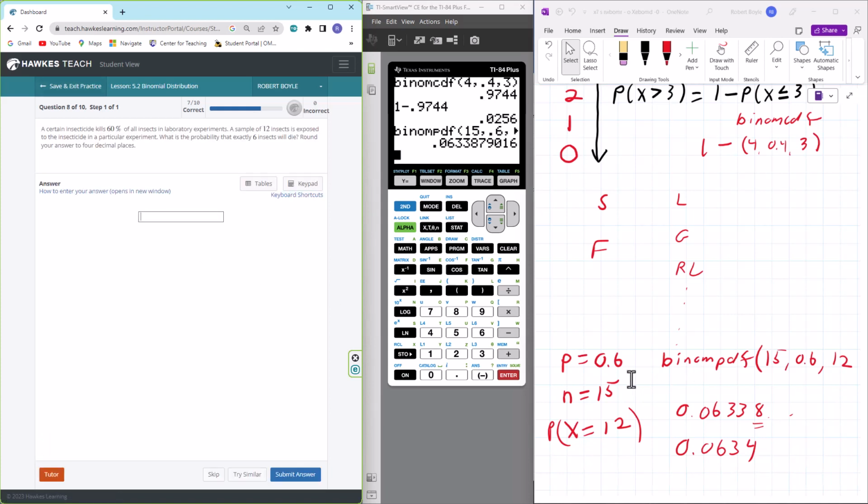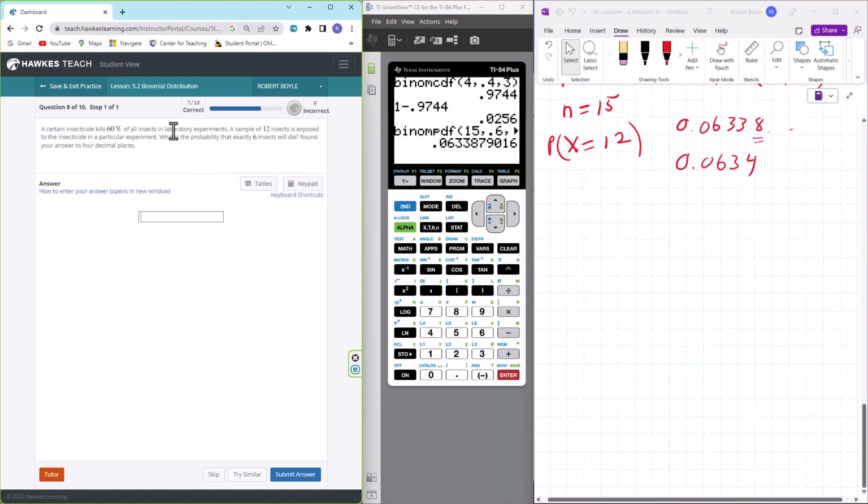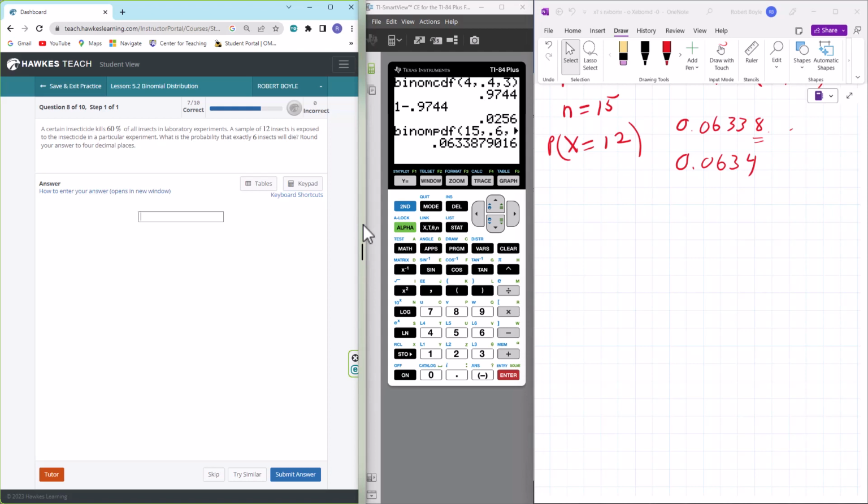Question 8. A certain insecticide kills 60% of all the insects in laboratory experiments. A sample of 12 insects is exposed to the insecticide in a particular experiment. What is the probability that exactly 6 insects will die? Okay, so here, the first phrase, kills 60%, tells us what the probability of a kill is. P is equal to 0.6. 60% as a decimal is 0.6.